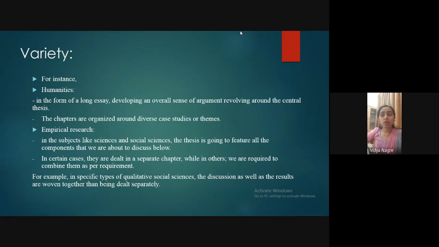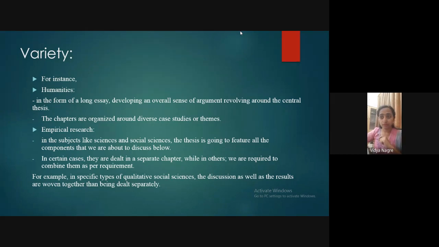The chapters are organized by diverse case studies and themes. A concluding chapter is not necessary, and findings and discussion are not necessarily separate in every domain. In certain domains, such as qualitative social sciences, the discussion is combined or interwoven with the result section.